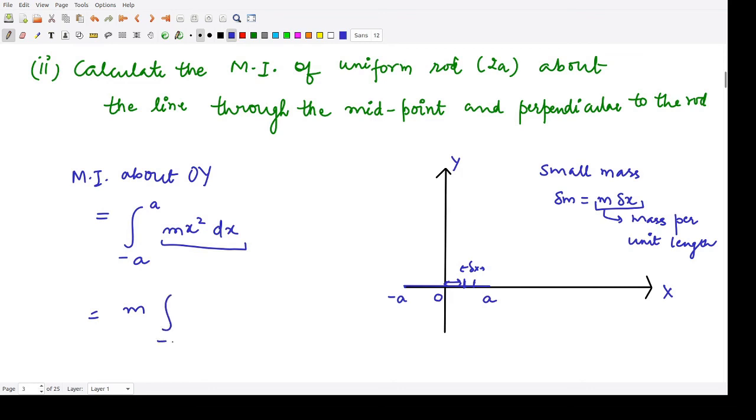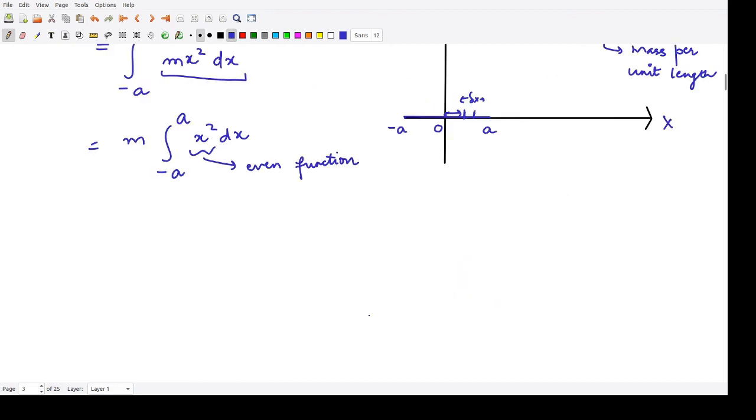Now how can you perform this integration? We can take m common because it is a constant quantity, and we are left with x square dx. Now x square is an even function, and our limits vary from minus of the same quantity to plus of the same quantity, therefore we can write this as 2 times integration from 0 to a x square dx. This is by the property of integration. So we have 2m here, and now we can perform its integration.